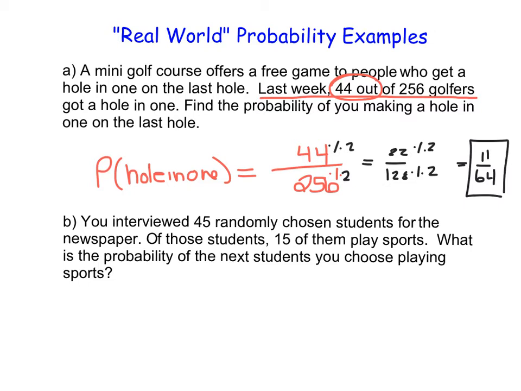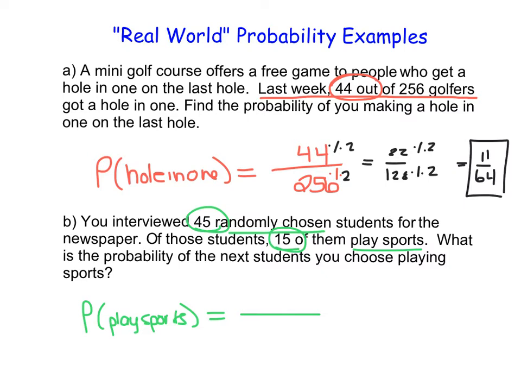All right, example 2, it says you interviewed 45 students randomly chosen for the newspaper. Of those students, 15 play sports. What is the probability of the next student you choose playing sports? So we have a probability of playing sports. We then need favorable outcomes over total outcomes.